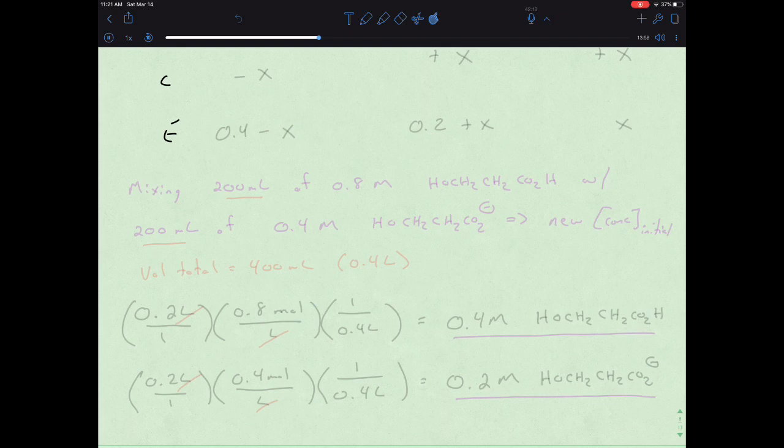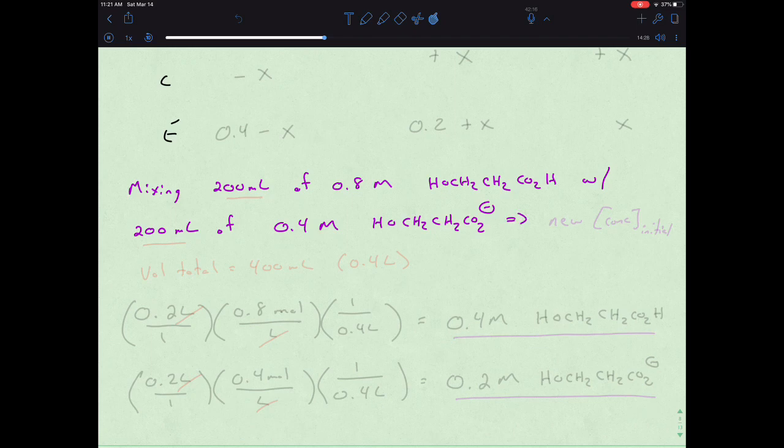We're mixing 200 milliliters of 0.8 molar glycolic acid with 200 milliliters of 0.4 molar glycolate.